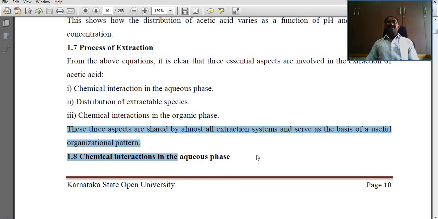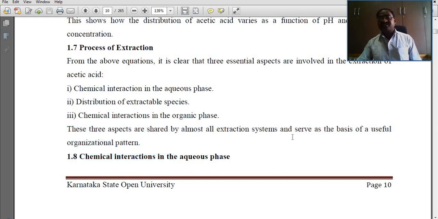These three aspects are shared by almost all extraction systems and serve as the basis of useful organization patterns.